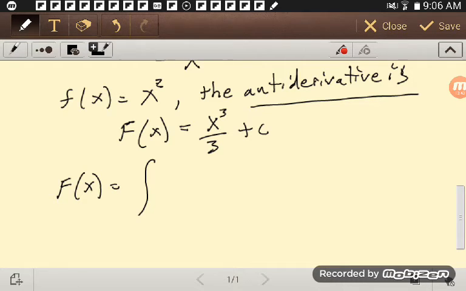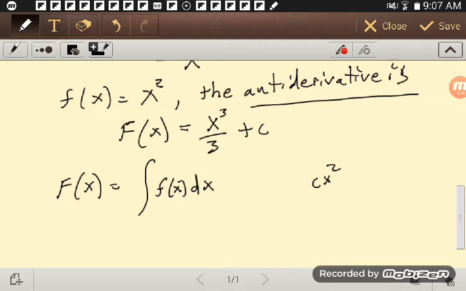So this is an indefinite integral or antiderivative, and then of what? Well, f of x, and then, well, what's the variable? x.